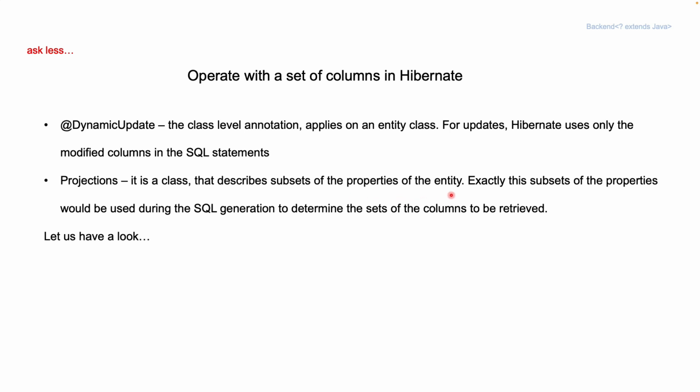In other words, it describes which columns we would like to retrieve from our table. Exactly these subsets of properties would be used during SQL generation to determine the set of columns to be retrieved. Okay, let us now have a look at the code and the logs to see how this case is different from the previous one.